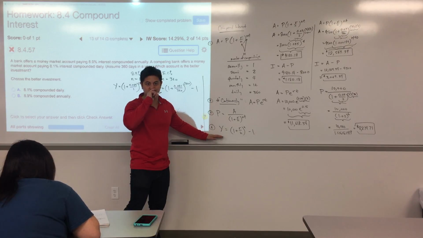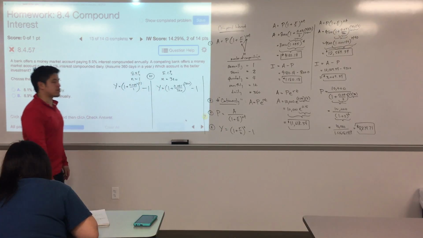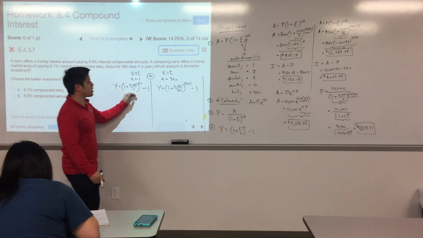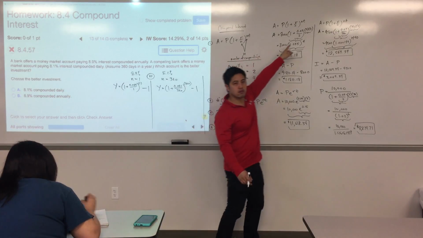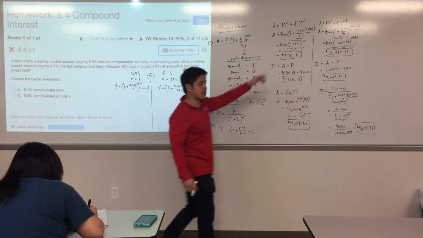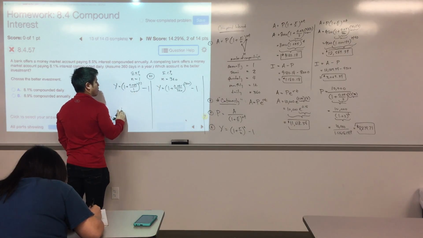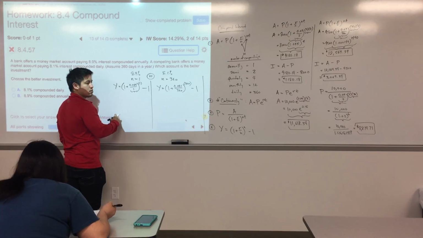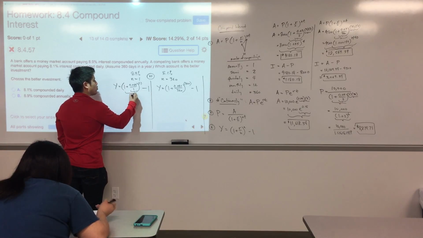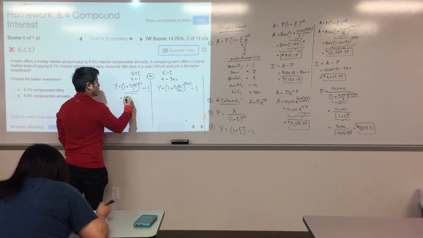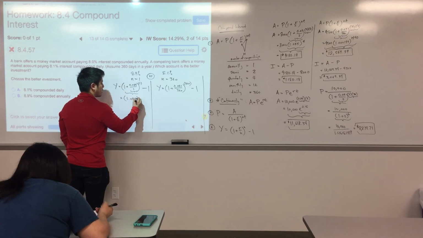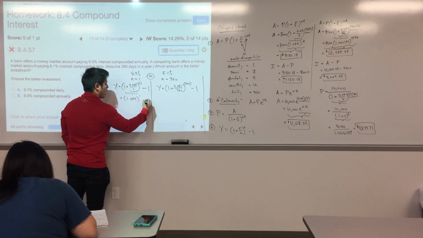All right, so let's go calculate it. Does this look much different from that? No, it's about the same. So 0.089 divided by 1, what's that? That's easy, right? 0.089. Then add 1 to it. What do you get? 1.089 to the power of 1, minus 1.